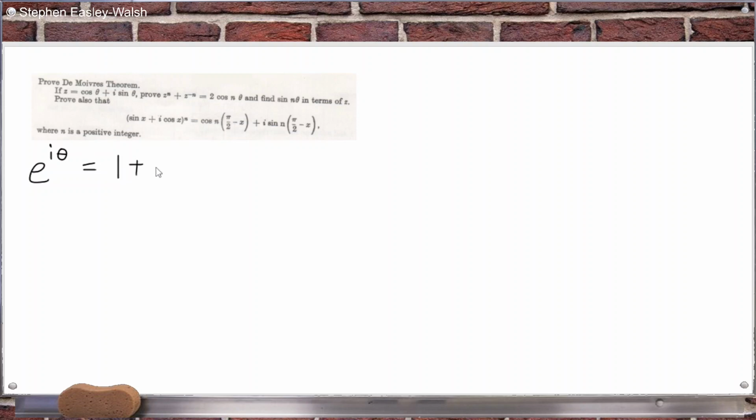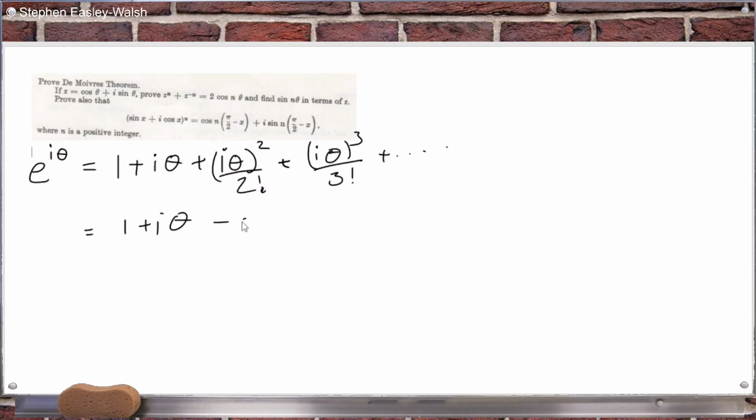So that's 1 plus iθ plus (iθ)² over 2 factorial plus (iθ)³ over 3 factorial, etc. That's equal to 1 plus iθ minus θ² over 2 factorial minus iθ³ over 3 factorial. That's equal to 1 minus θ² over 2 factorial plus etc, etc.